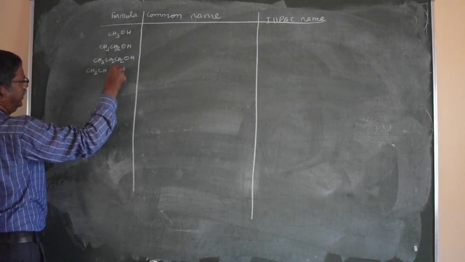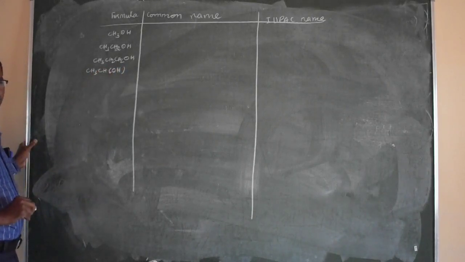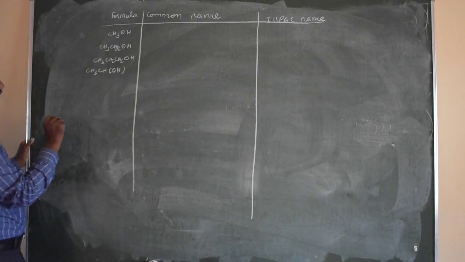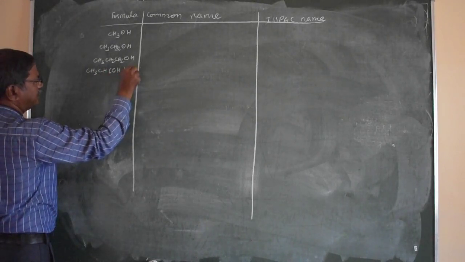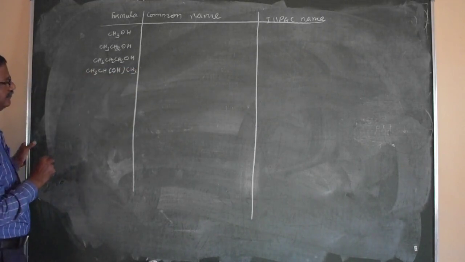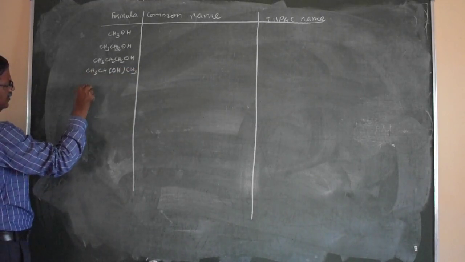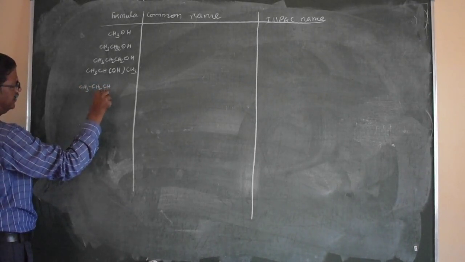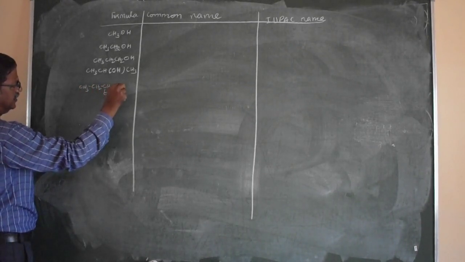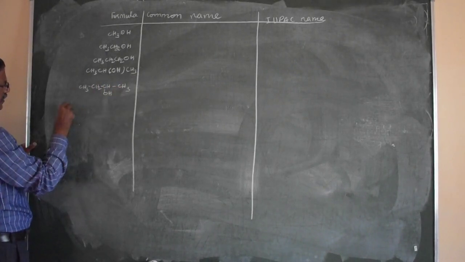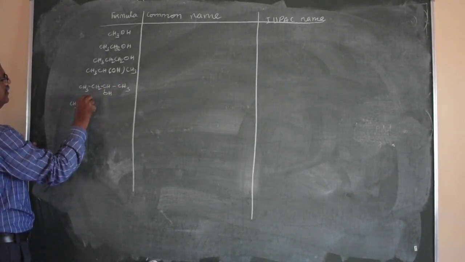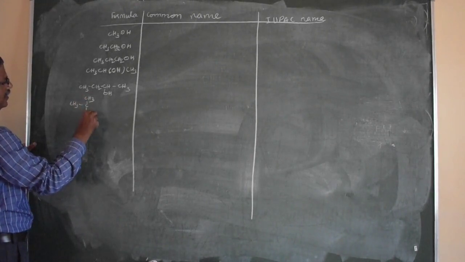If you want to write the OH along with the CH, you must put it in a bracket in order to avoid confusion. Then CH3CH2CH(OH)CH3. Afterwards, (CH3)3COH.